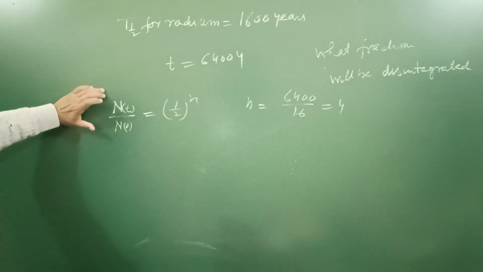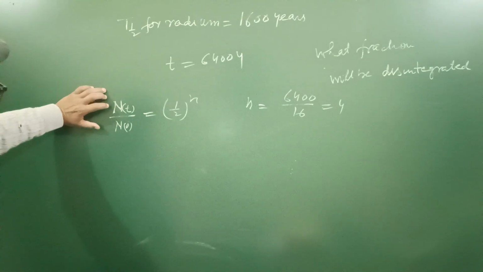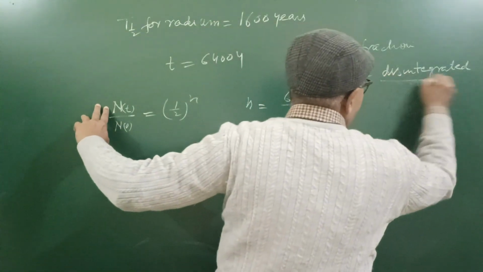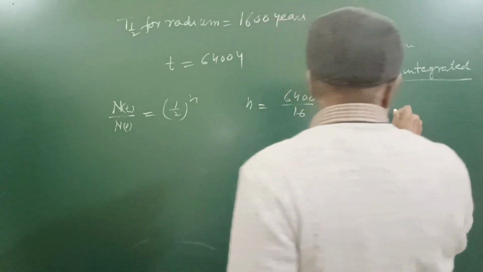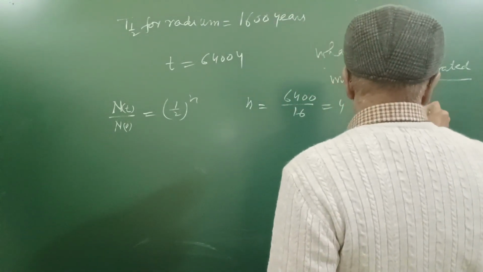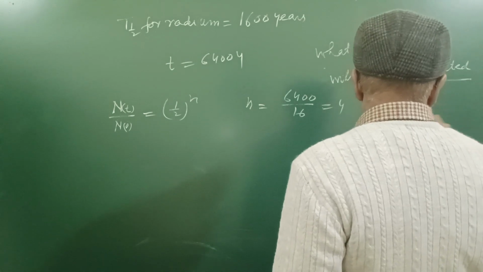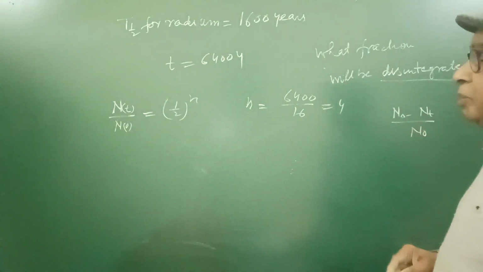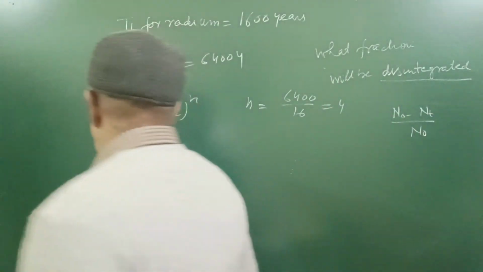It is NT, the number of radioactive nuclei left undecayed. This asks what percent will get decayed, which means you need to find N0 minus NT upon N0. First find how many remain.